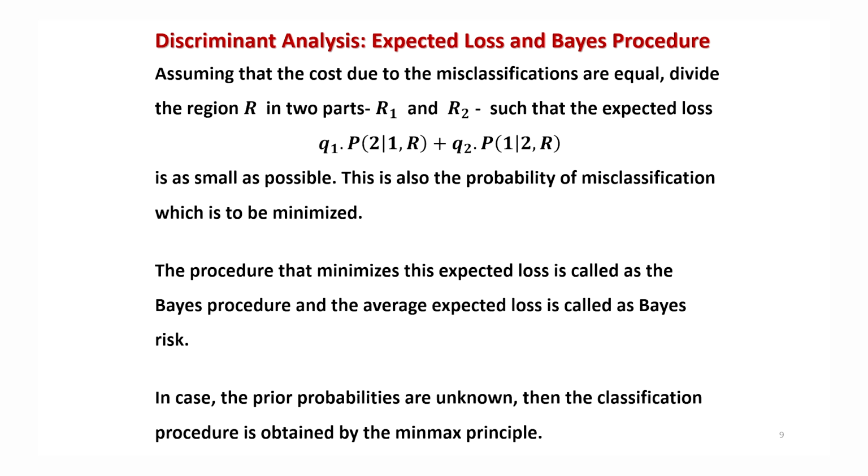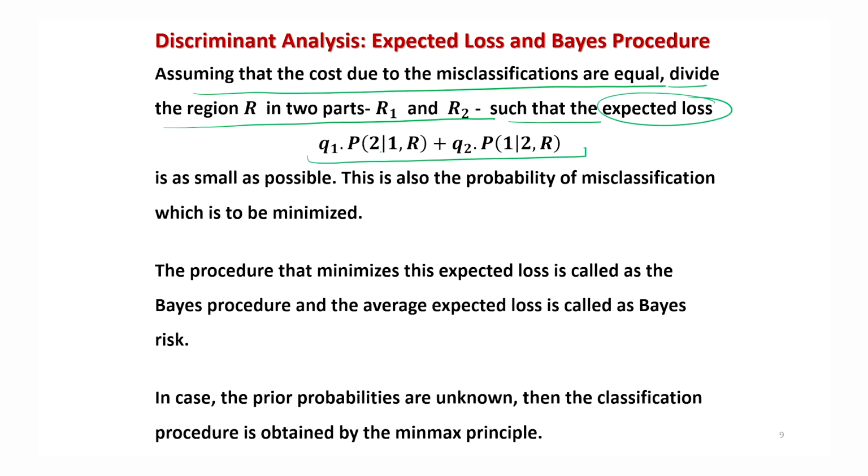So, the expected loss is given here like this: assuming that the costs due to misclassification are equal, we divide the region R into 2 parts R1 and R2 such that the expected loss, Q1 into P2 given 1 R plus Q2 into P1 given 2 R, is as small as possible, right. And this is also the probability of misclassification which is to be minimized.